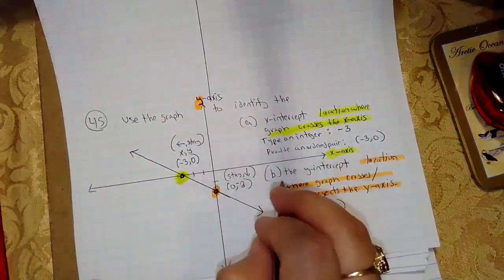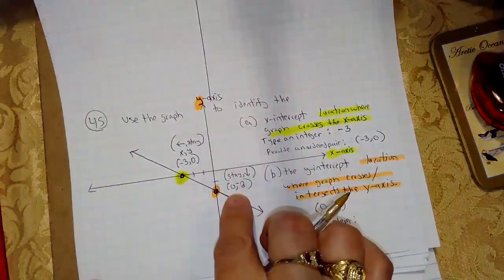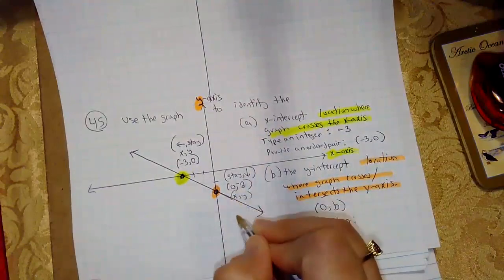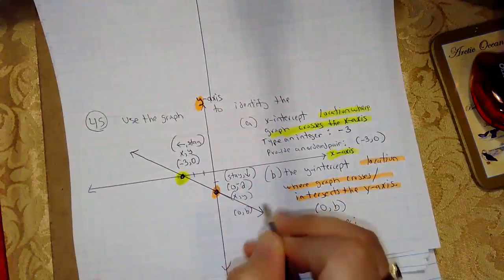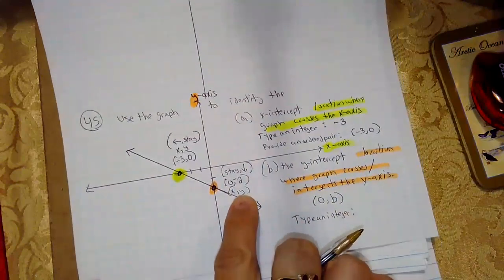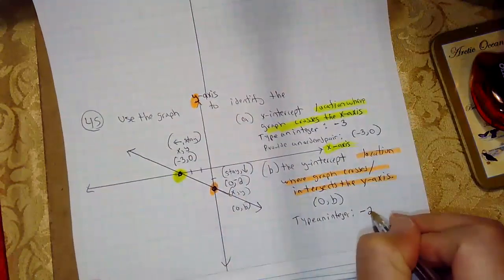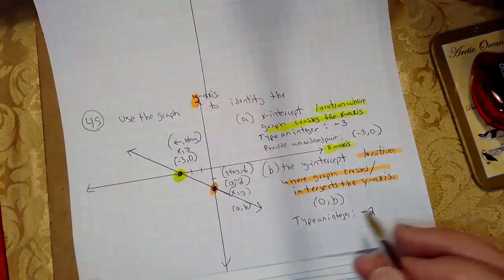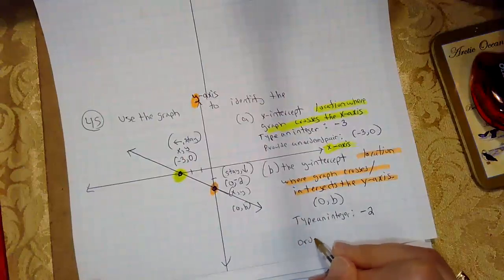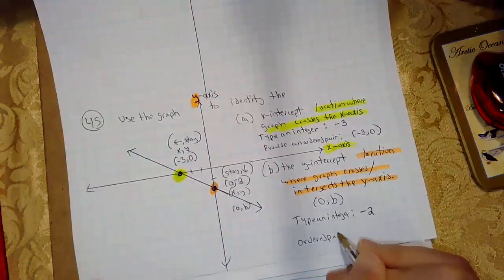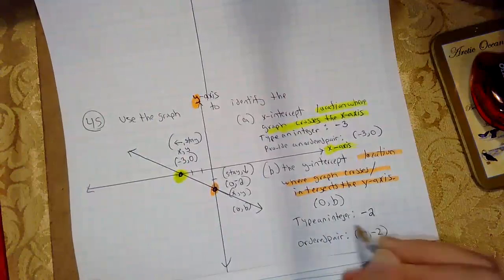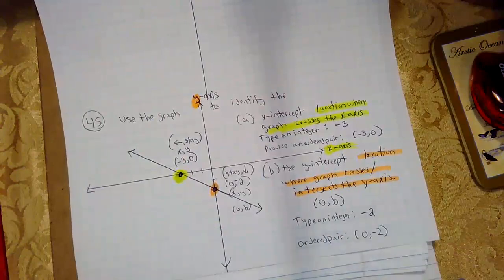So it's like x, y, but it's also 0, b. Okay, so you want the y-intercept, so you want to type -2 there. That's the integer. Okay, if they want you to provide an ordered pair, then that would be 0, -2. But if they want you to type an integer, it would be the -2. Okay.